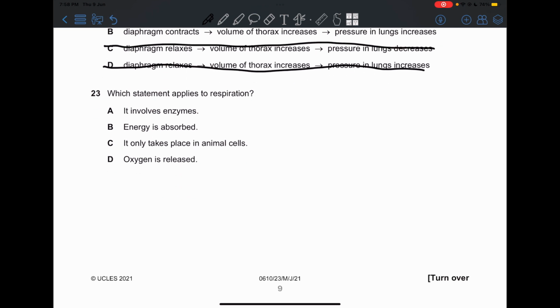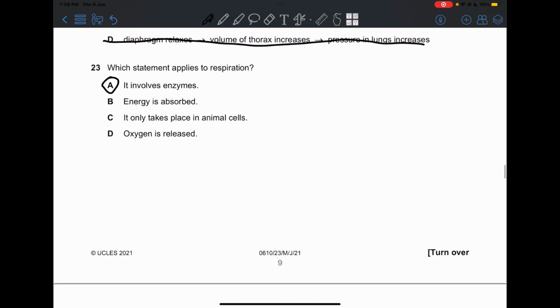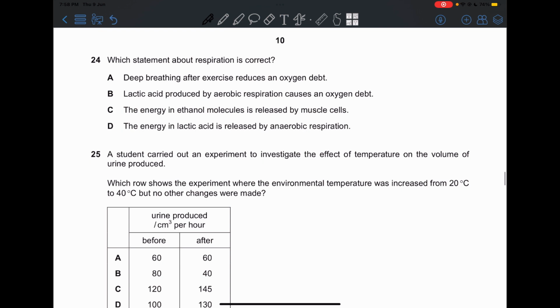23. Which statement applies to respiration? Now respiration involves enzymes. This is actually correct because it's a chemical reaction, and any chemical reactions are altered by enzymes. So this is a correct answer. 24. Which statement about respiration is correct?